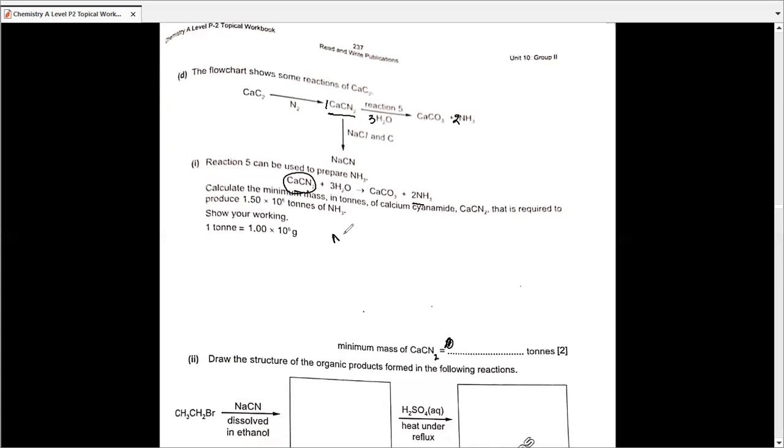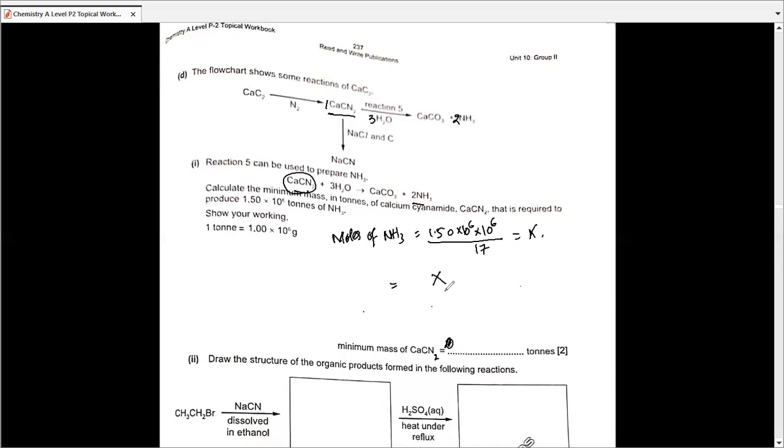See, first of all you need the moles of ammonia, which in this case is going to be 1.5 into 10 raised to power 6. Of course, we're going to convert it into grams into 10 raised to power 6, and we're going to divide the whole thing by 17. Okay, I get it, that would give you the half the moles of this. Let's suppose you get X over here.